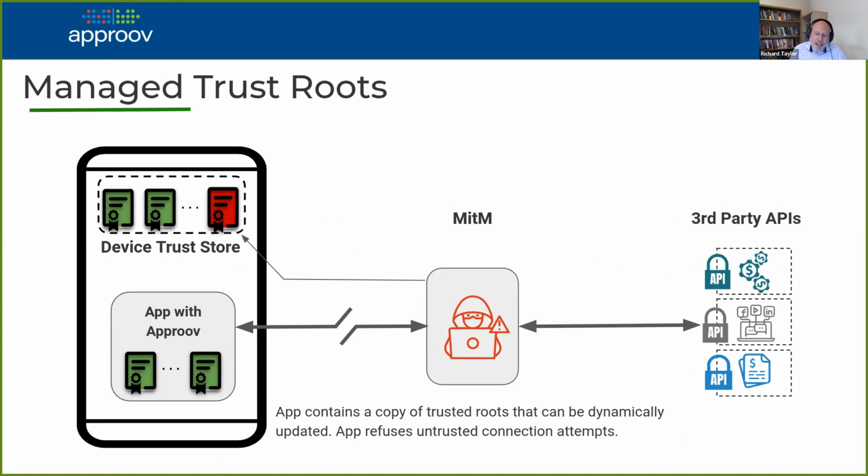And so we'll only make the connection if it passes the device trust store and it passes the trust store which is inside the Approve SDK. So the standard man-in-the-middle route doesn't work because you can't compromise the connection; the way we protect the networking stack, it won't allow that connection to occur.